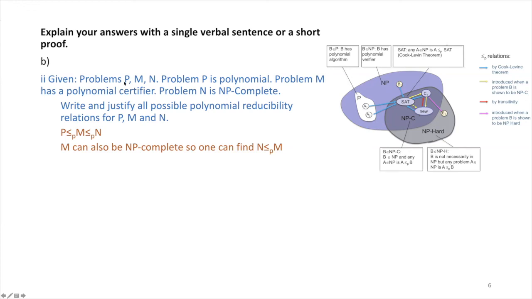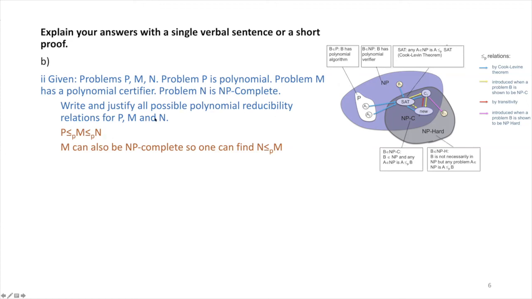We know that P is polynomial, and for NP, P is polynomially reducible to M. M is in NP. And we know that N is NP complete.